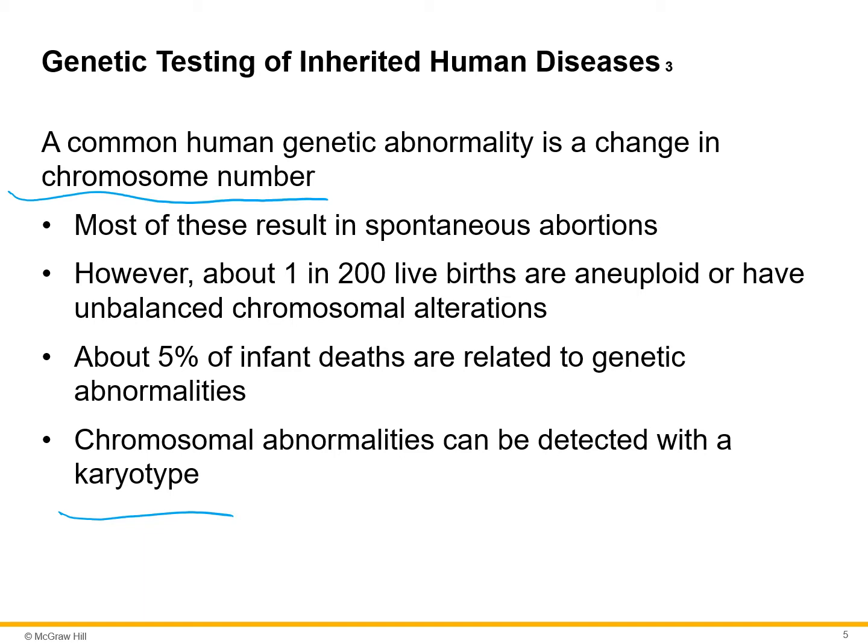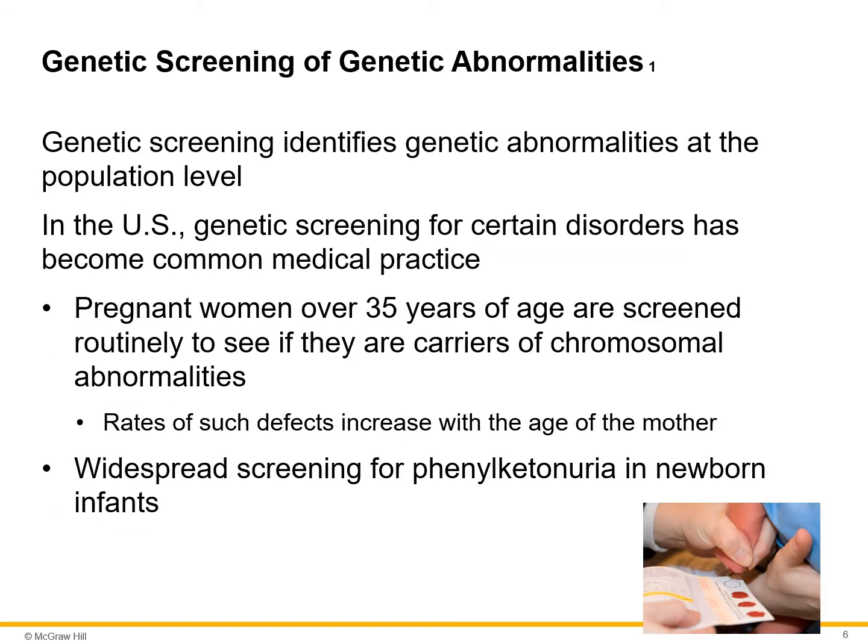Most abnormalities in chromosome number do not result in live birth. Chromosomal abnormalities are one of the primary causes of spontaneous abortions during pregnancy. And some of those that do survive to birth die in infancy. So there are only a few chromosomal abnormalities that are survivable.